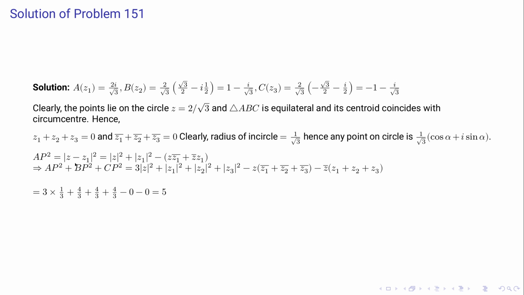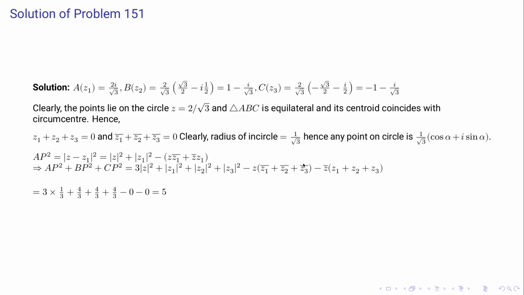Now AP square would be mod Z minus Z1 whole square, which will be equal to mod Z square plus mod Z1 square minus (Z Z1 bar plus Z bar Z1). Similarly, we can find BP square and CP square. So the sum would be 3 mod Z square plus mod Z1 square plus mod Z2 square plus mod Z3 square minus Z times (Z1 bar plus Z2 bar plus Z3 bar) minus Z bar times (Z1 plus Z2 plus Z3).